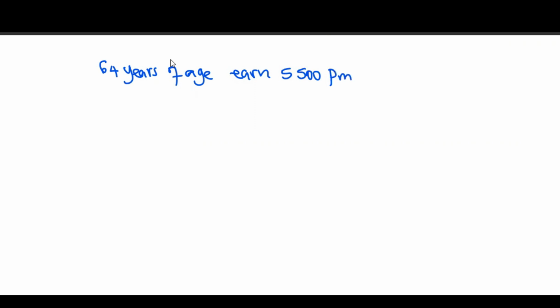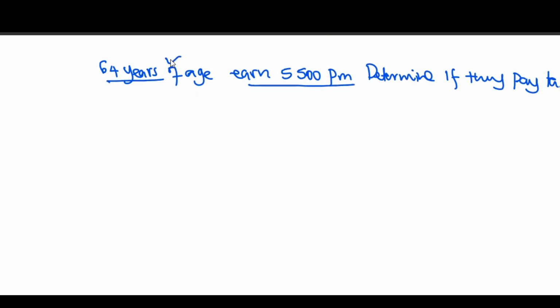We want to determine if the person pays tax. First and foremost, the person is 64 years of age, keep it aside. How much does he earn? He earns 5,500. So we shall take the value and multiply by 12. 5,500 times 12.